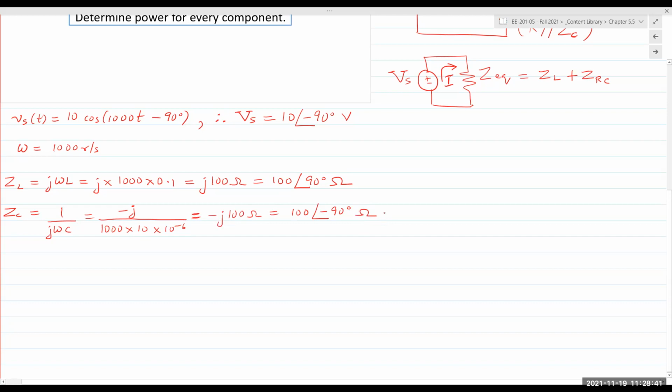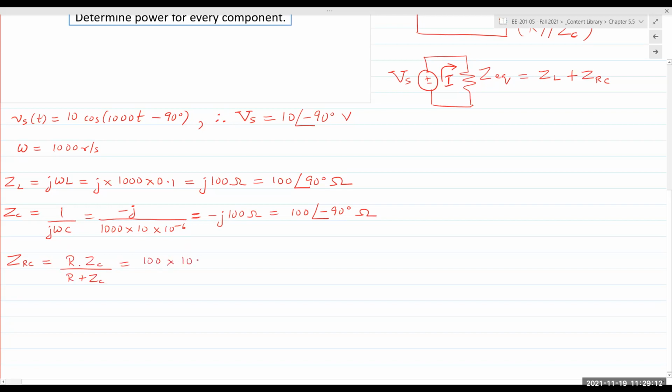So all we are doing is just finding out the impedances in the complex quantities, ZL, ZC. Now you'll find ZRC. ZRC is the parallel combination of the resistor and the capacitor. ZRC can be written as, when you have two components in parallel, it's a product of the two divided by the sum of the two. So it is R times ZC divided by R plus ZC.